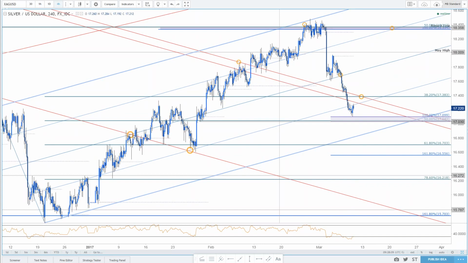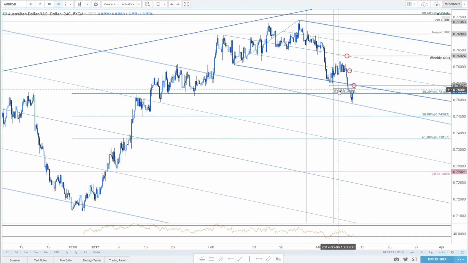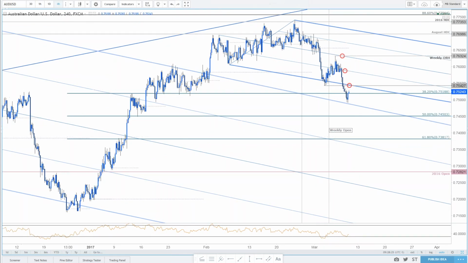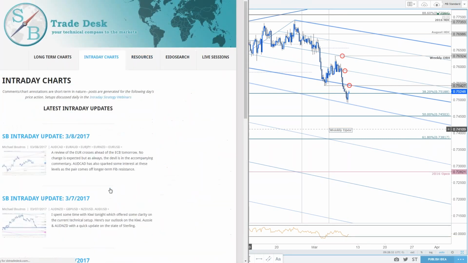Aussie. Here's what Aussie dollar looks like. That was 11, 12, 13. Silver was 14. Aussie is 15. We did do an Aussie update the day before yesterday, so let's bring that up real quick.